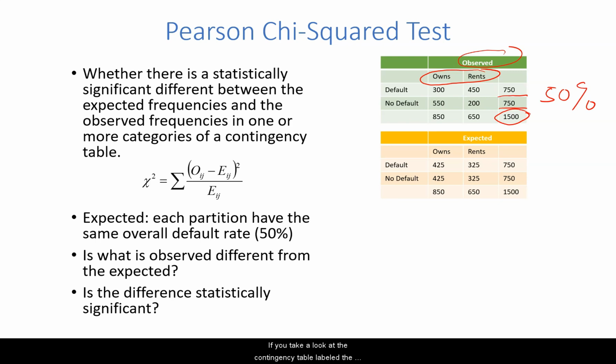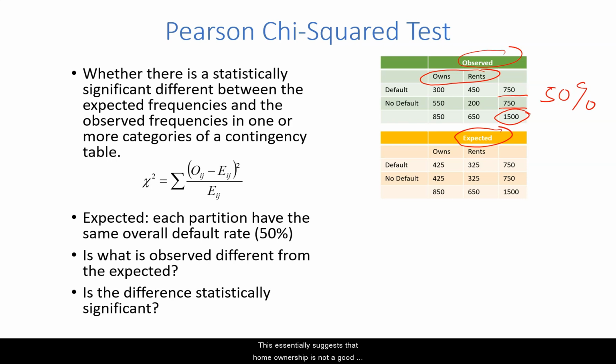If you take a look at the contingency table labeled the expected, you will notice that half of the 850 homeowners defaulted and half did not default, and half of the 650 renters defaulted and half did not default.